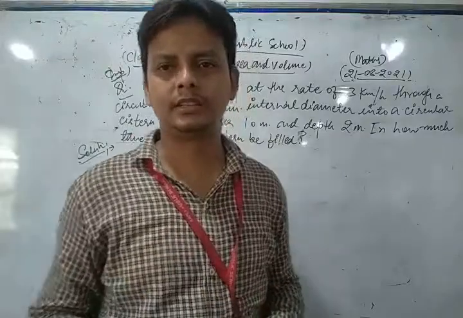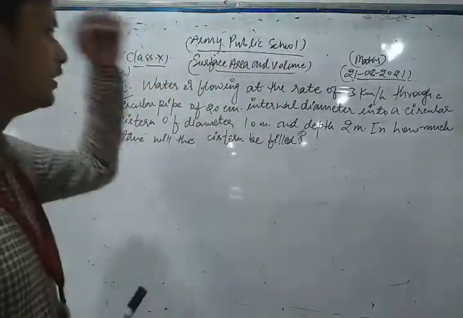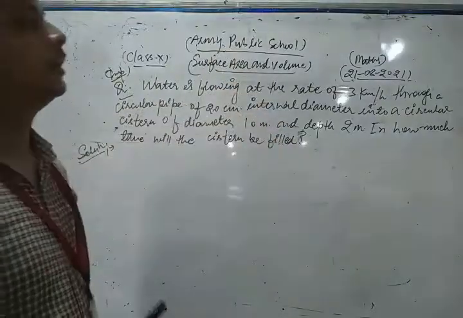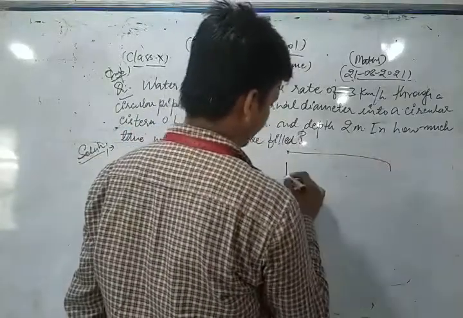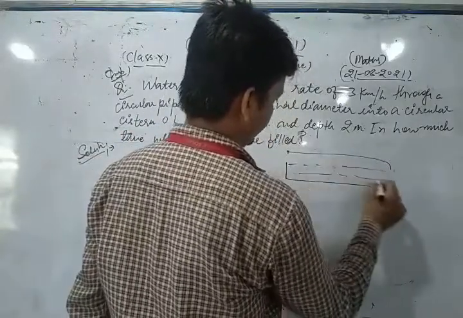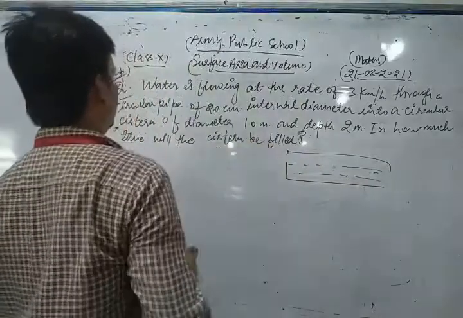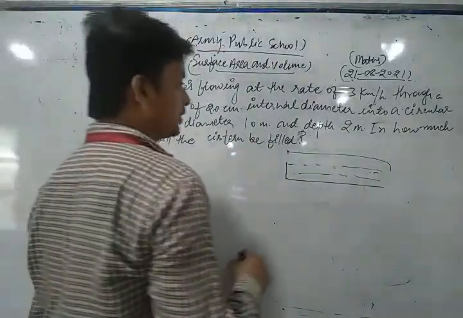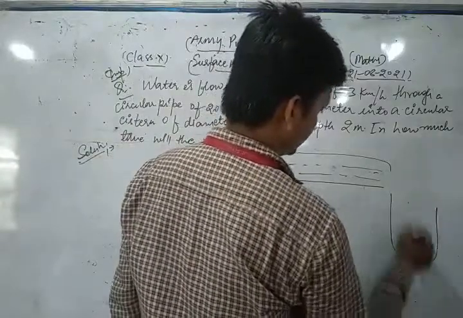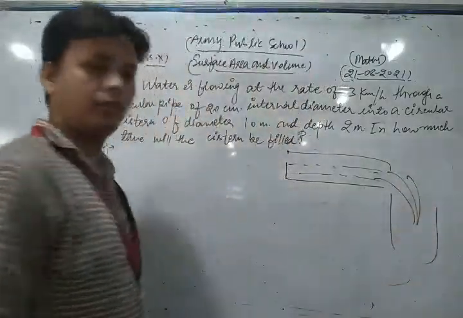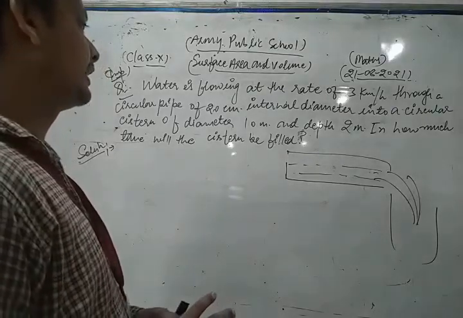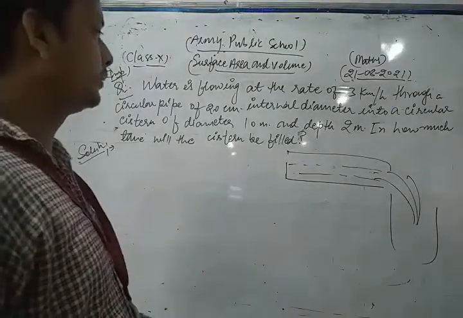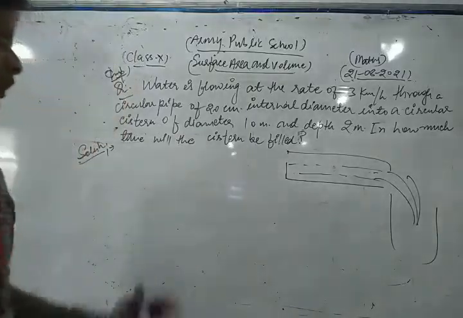Water is flowing at the rate of 3 km per hour through a circular pipe of 20 cm internal diameter into a circular cistern of diameter 10 meter and depth 2 meter. In how much time will the cistern be filled?